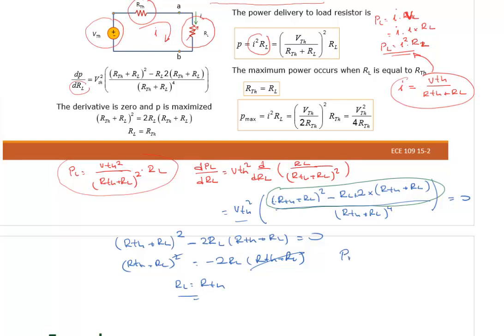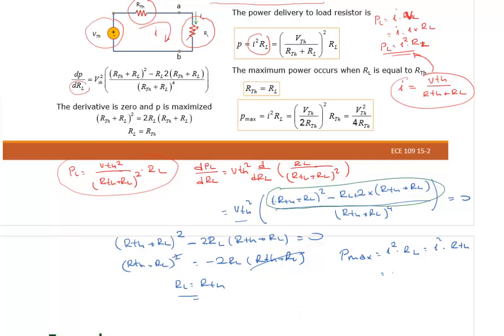So P max will be equal to I squared times RL, which is equal to RTH, so I squared times RTH. What is I in this case?